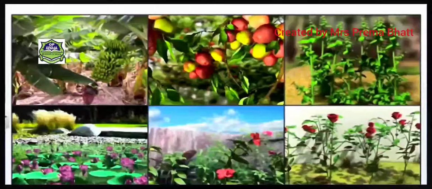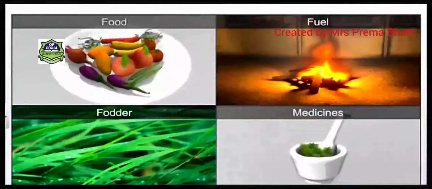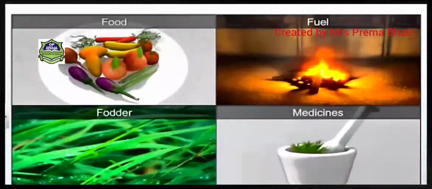So this is the life cycle of a typical angiosperm. These angiosperms are commercially very useful because they provide us food, fuel, fodder and many medicines. So we have completed all the groups of the plant kingdom.